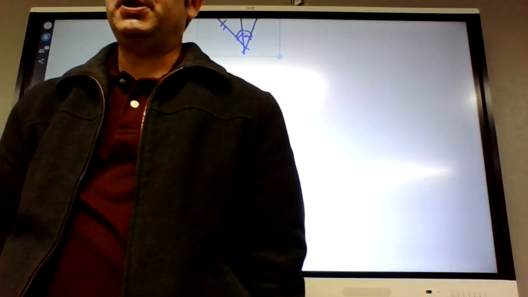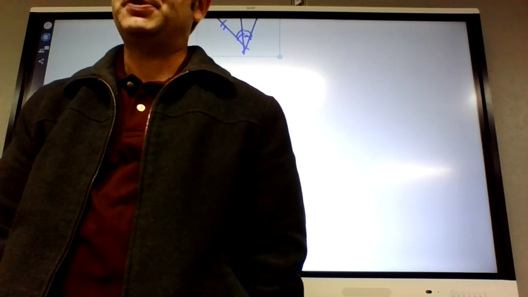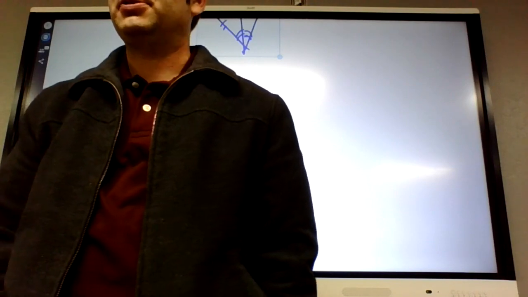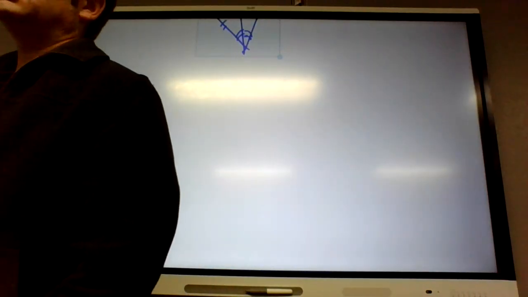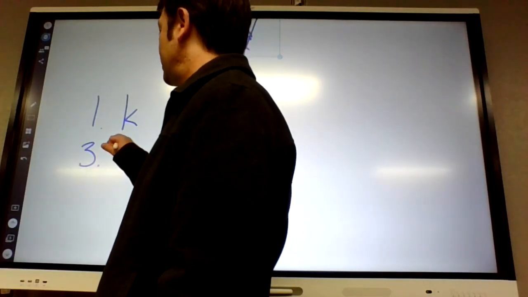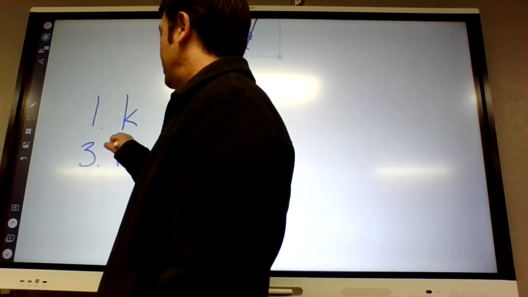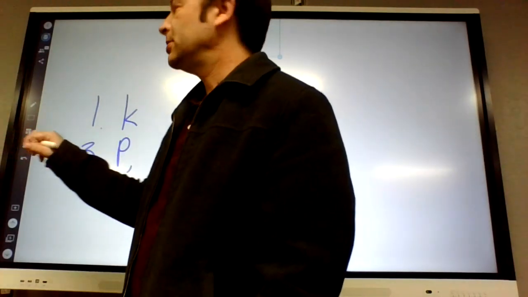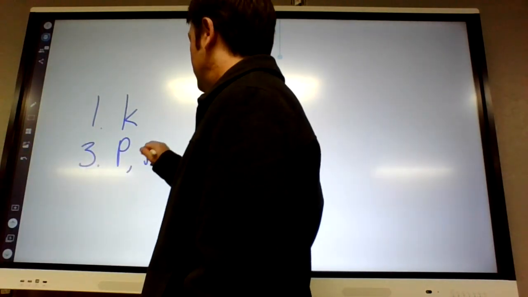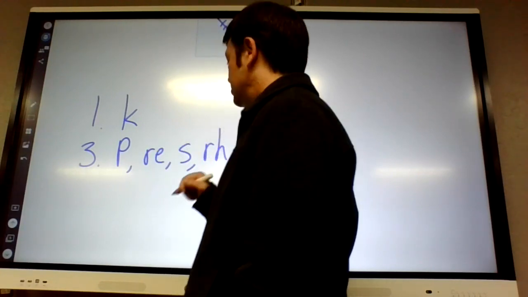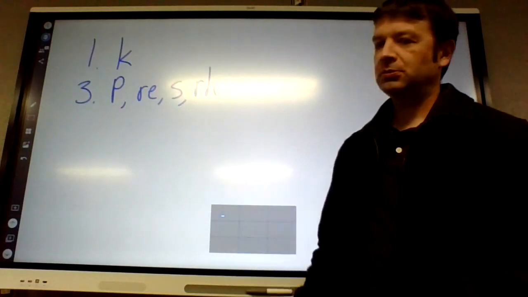Okay, number 3, two pairs of opposite sides, or in other words, both pairs of opposite sides are parallel. That's the definition of a parallelogram. But what else is a parallelogram? Rectangle, square, and rhombus.